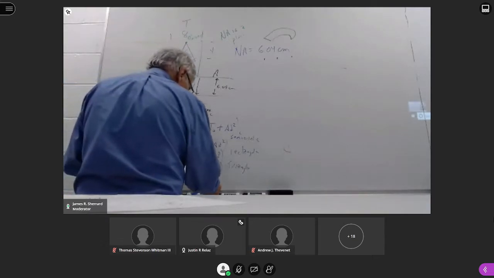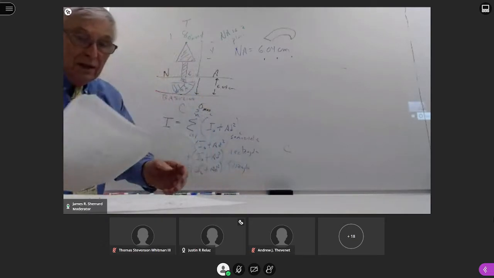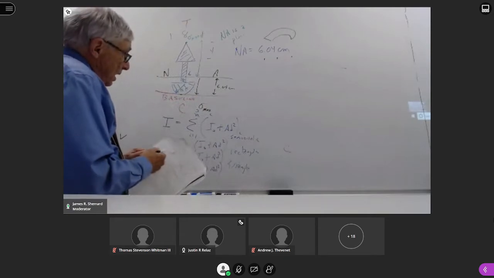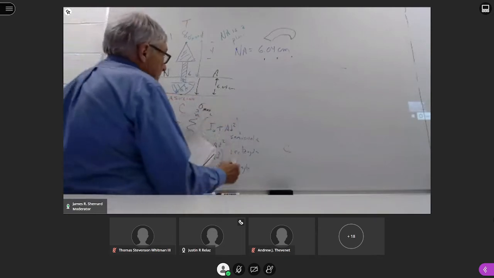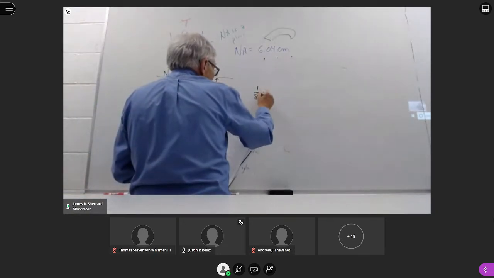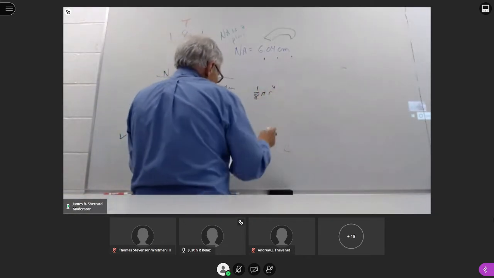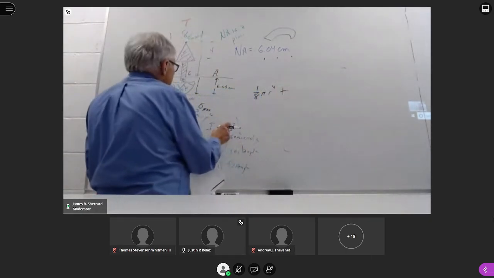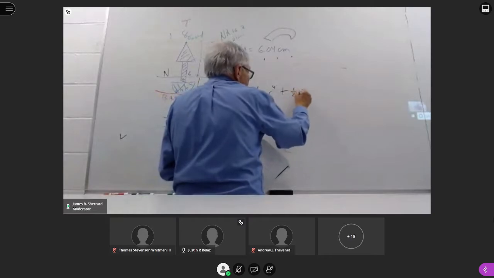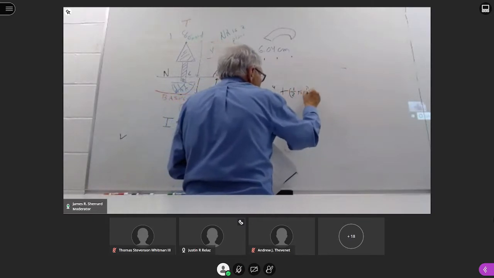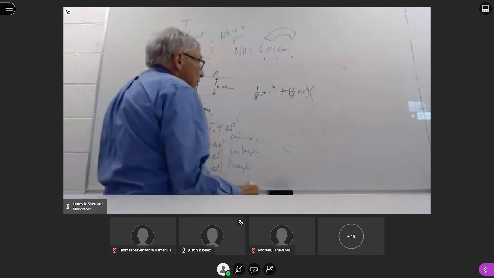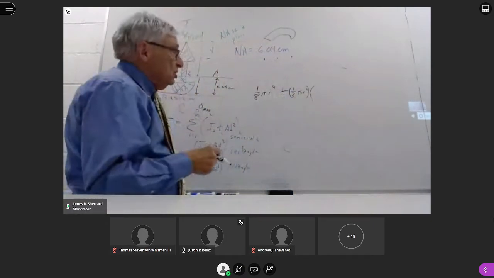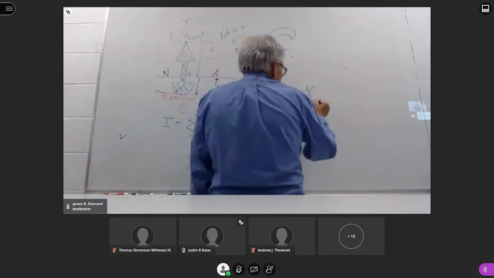So if we do this for the semicircle, I sub 0 is equal to 1/8 pi r to the 4th plus the area, which is 1/2 pi r squared, times d squared. And what is d?